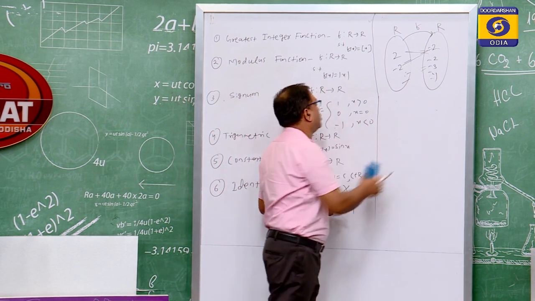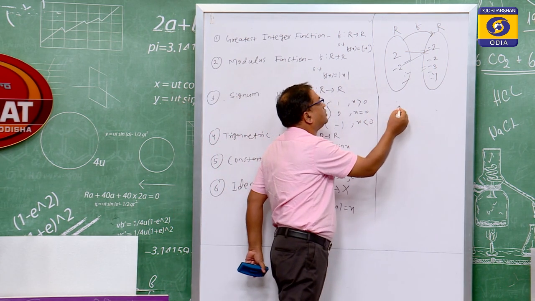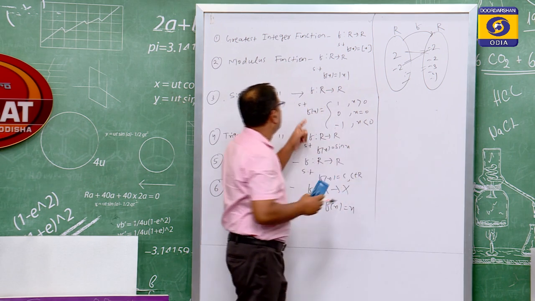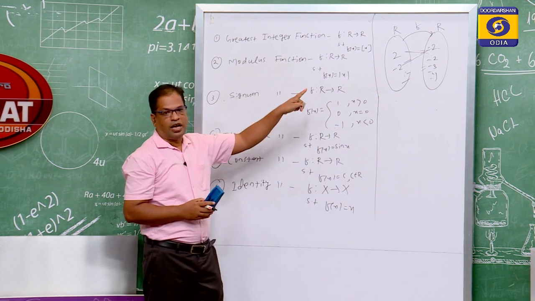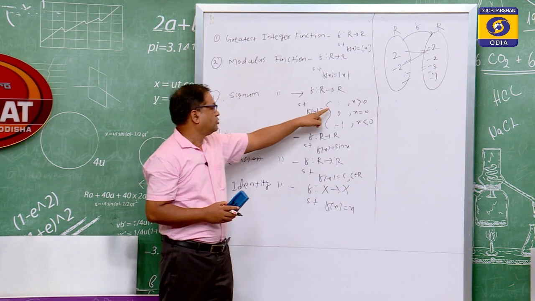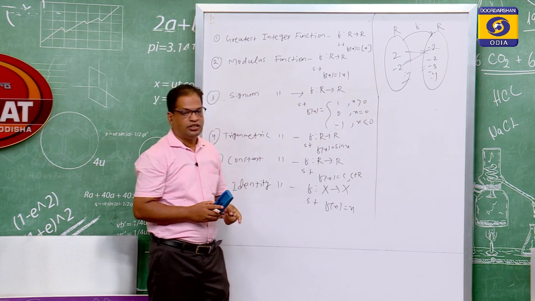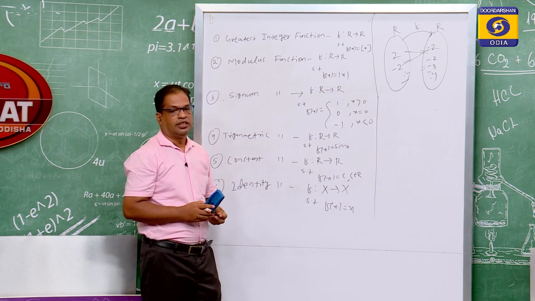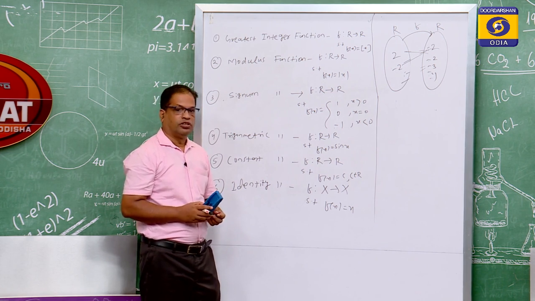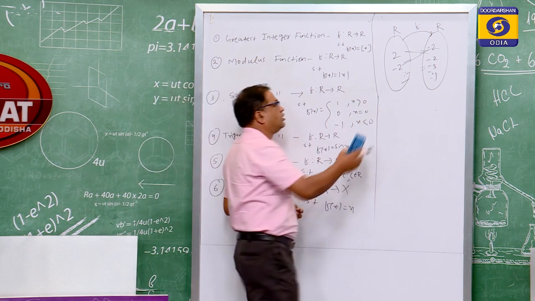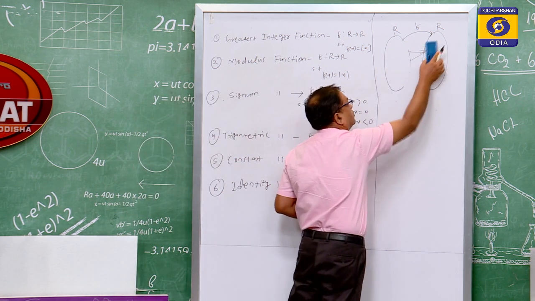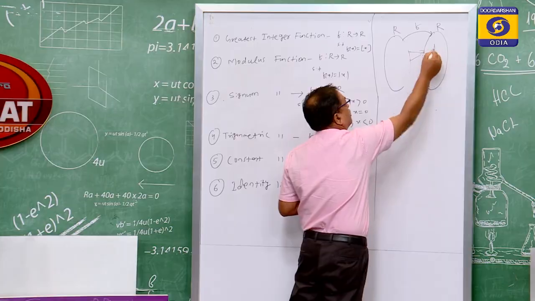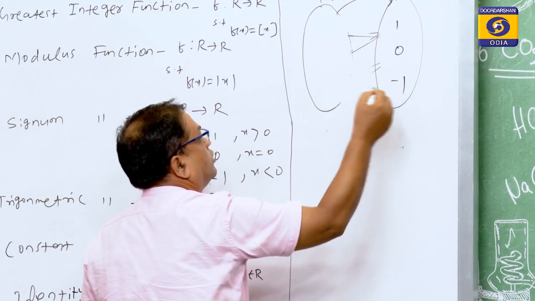The third one is the signum function. What is the signum function? f is a function from R to R. f(x) is equal to 1 when x is greater than 0, f(x) is equal to 0 when x is equal to 0, and f(x) is equal to minus 1 when x is less than 0. That means the function value will be 1, 0 or minus 1.